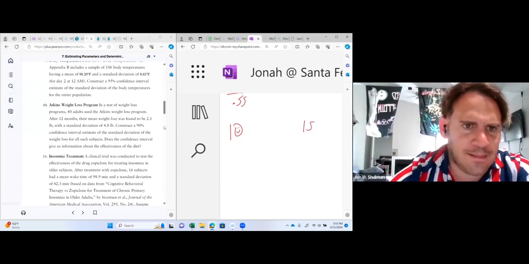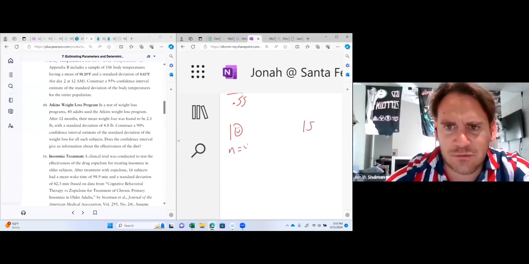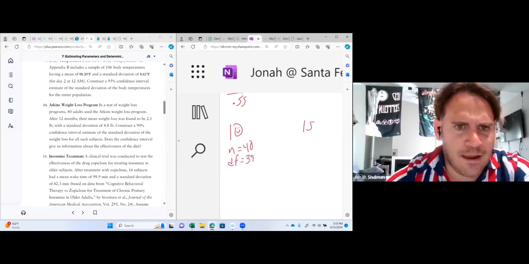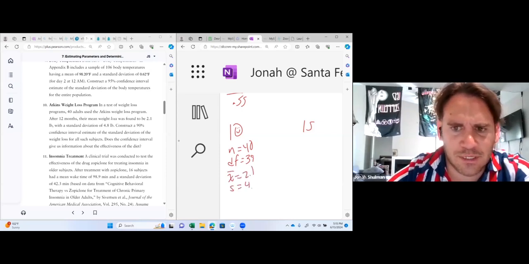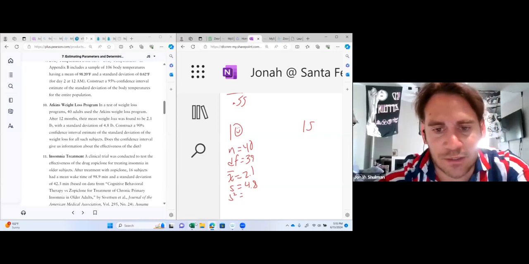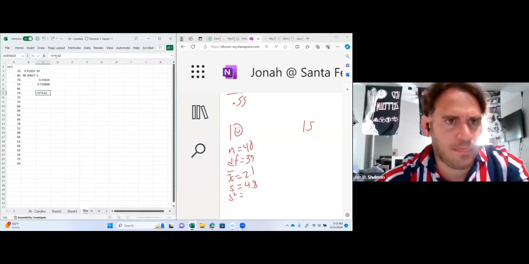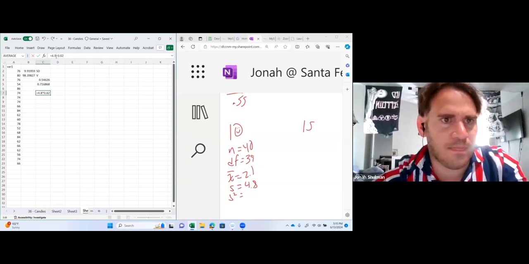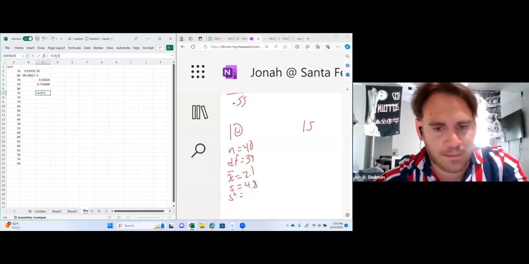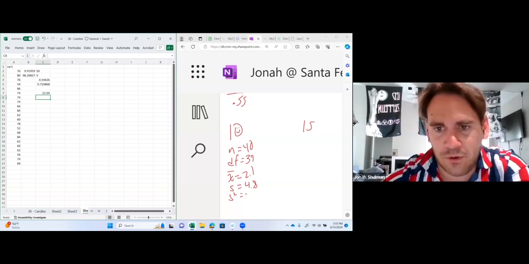So here's 10. We got a sample of n, which means the degrees of freedom is 39. The mean is 2.1. Standard deviation is 4.8, which means the variance is 4.8 squared, 23.04.